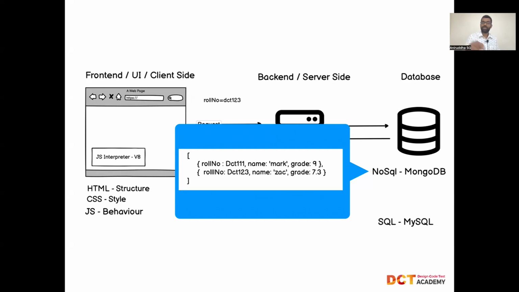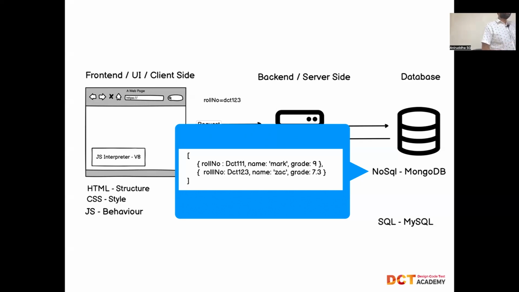So if you're working with a NoSQL database, information is stored as a collection. If you know basic programming, it is an array. It's an array of objects. If you're using a NoSQL database, all your information, like marks of a student, is stored as an array of objects.